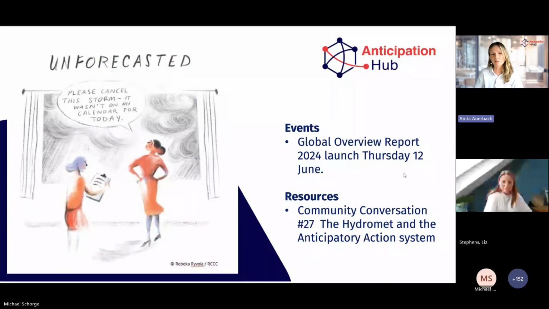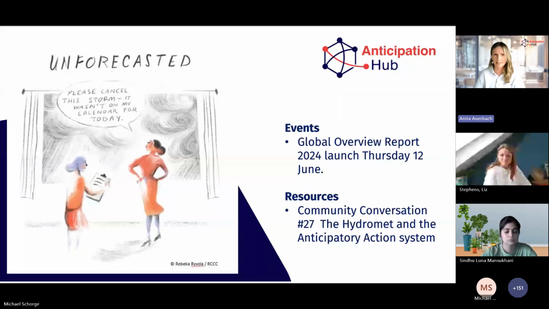So I just wanted to very, very quickly let you know about a really useful resource. I mentioned last week the Global Overview report from 2023 and sent the links, and we'll share them again.